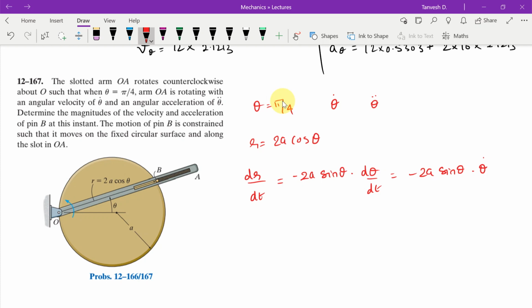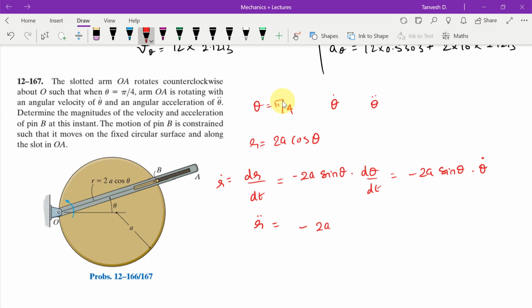R double dot is again required for finding acceleration, so this is r dot, this is r double dot, which is minus 2a cos theta. Now since we are taking the derivative of this and both of them are functions of time, we'll have to take the product rule.